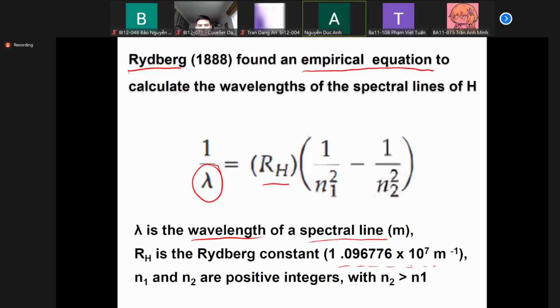Okay, and n1, n2 are positive integers. It can be 1, 2, 3, 4, 5, 6, 7, something like that. So from that, he found the relation between the wavelength of the spectral line and the integer values n1, n2.